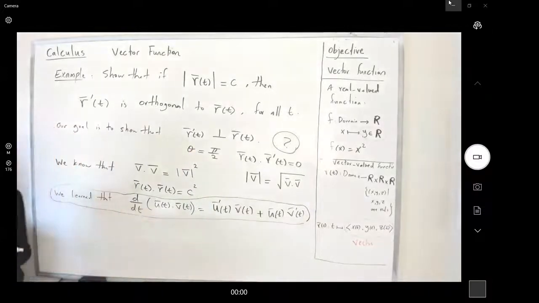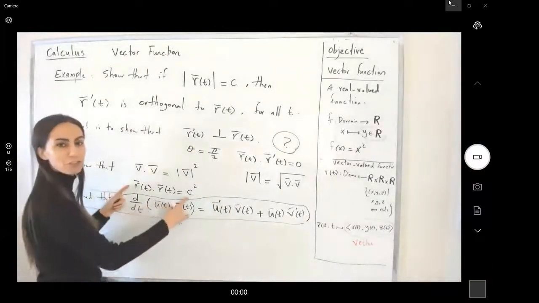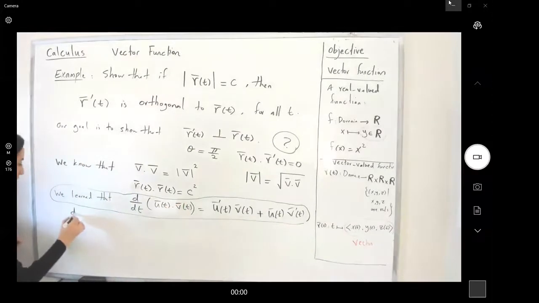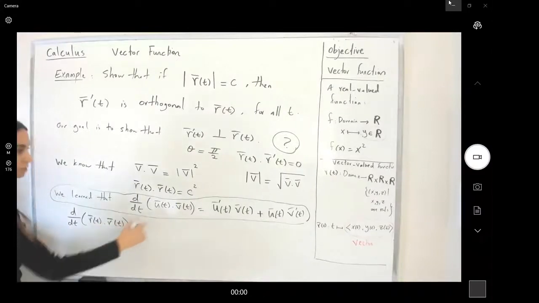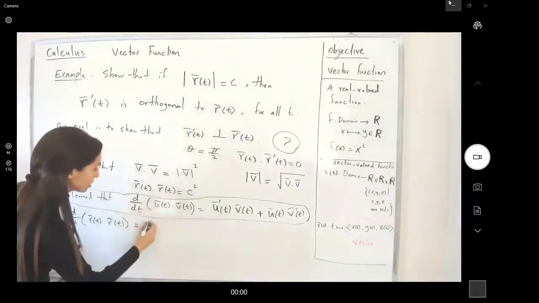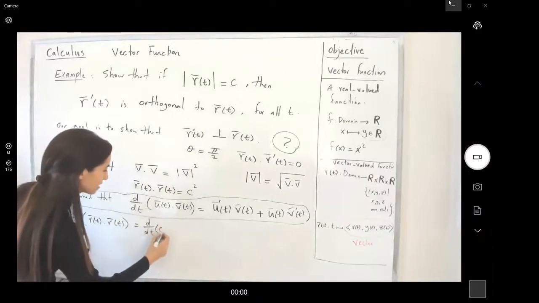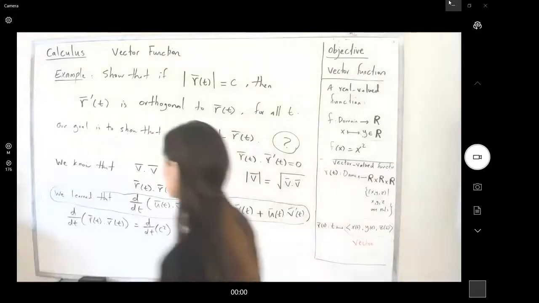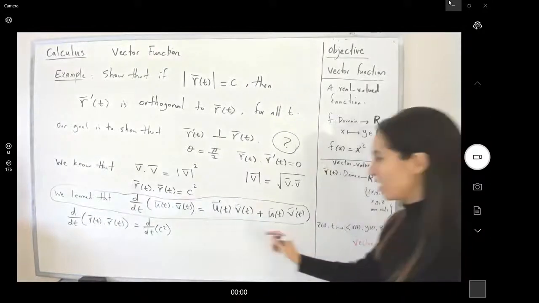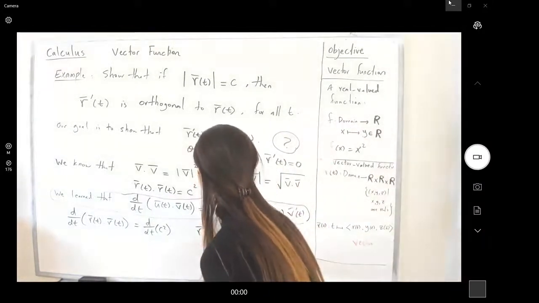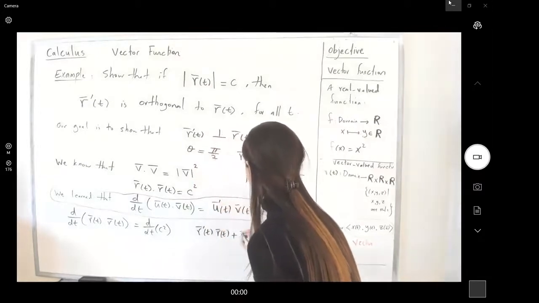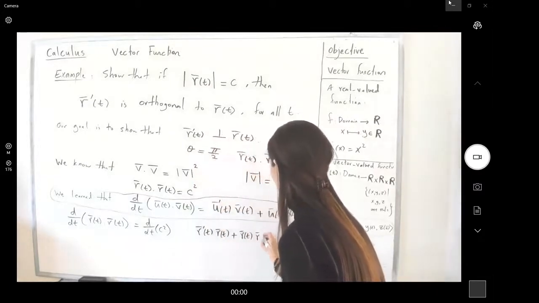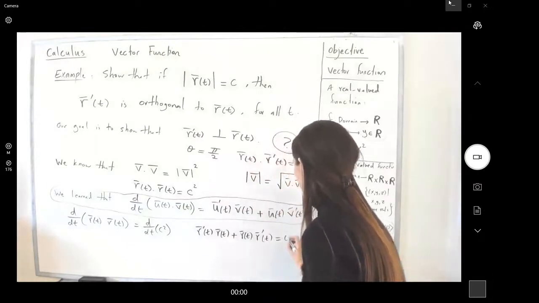So I'm going to take the derivative of both sides. I get d over dt of r of t dot r of t, which equals the derivative of this constant, which is equal to 0. On the left-hand side I get the derivative of r dot r plus r dot the derivative of r, which is equal to 0.